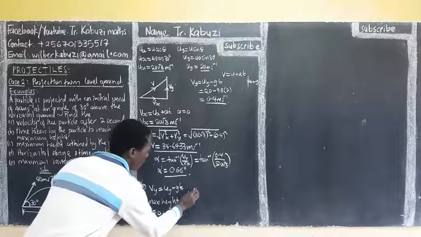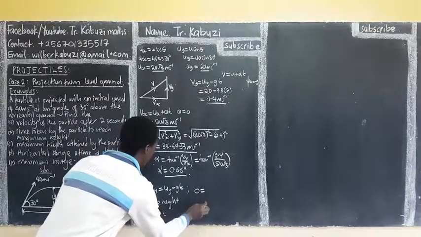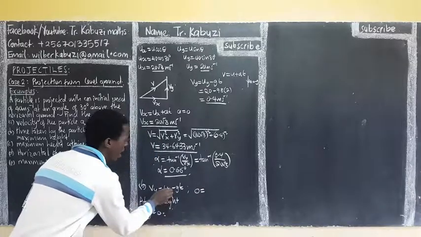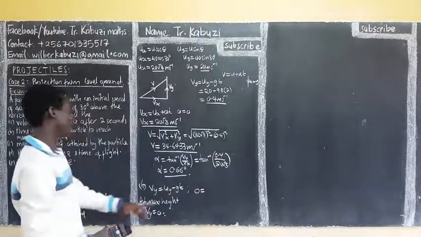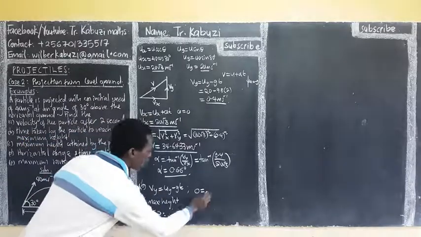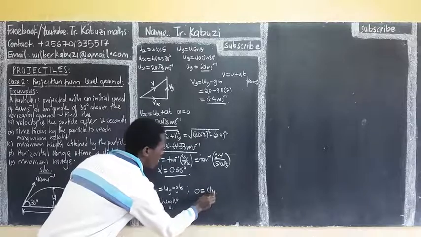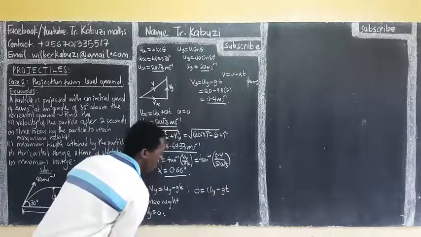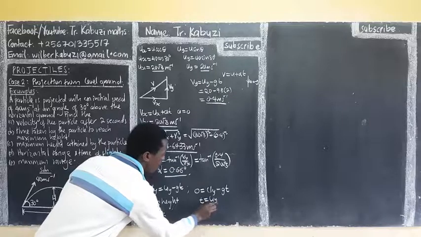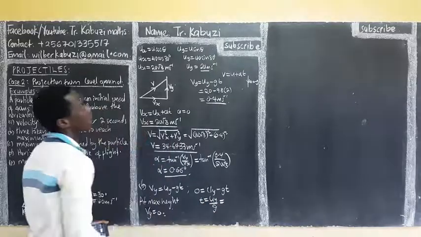So we have 0 equals uy minus gt, and our t is going to be uy over g, which we have calculated already.